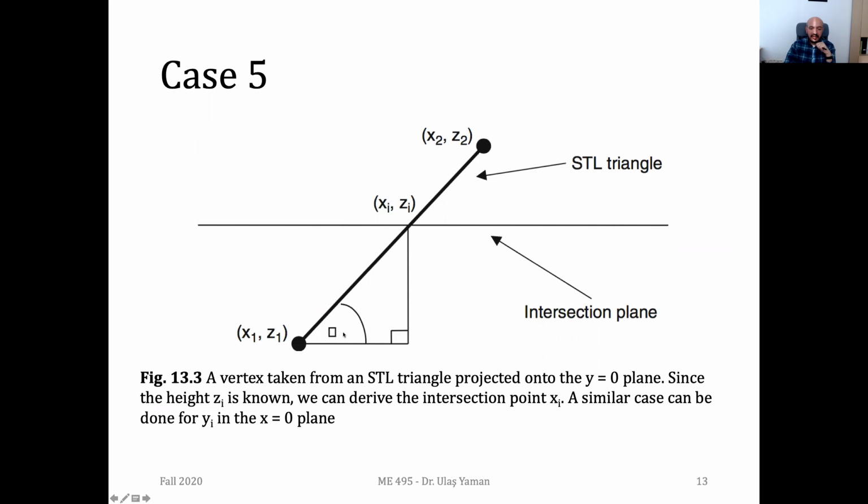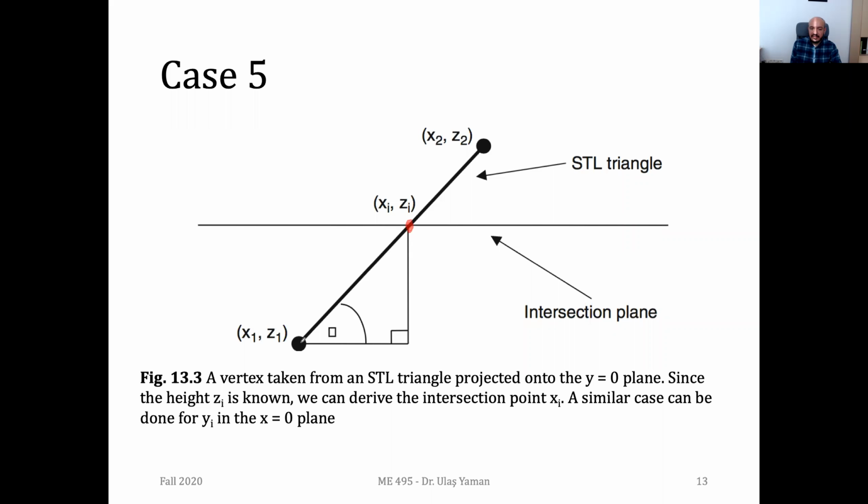What we have done here is that we have projected that triangle onto the y equal to 0 plane, and if that's the case, then by doing some calculation, we can determine the x value of that intersecting point, okay? So this is our intersection plane.